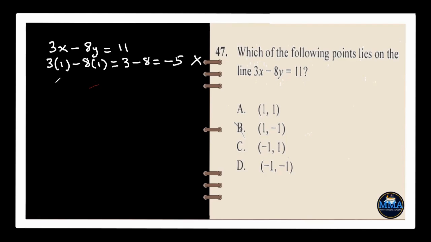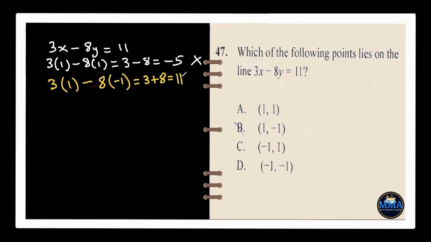We substitute the second one, we have 3. x is 1. Y is, this is 8, and y is minus 1. This is going to give us 3. Minus times minus is plus.